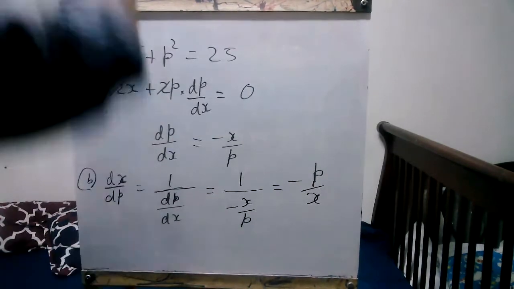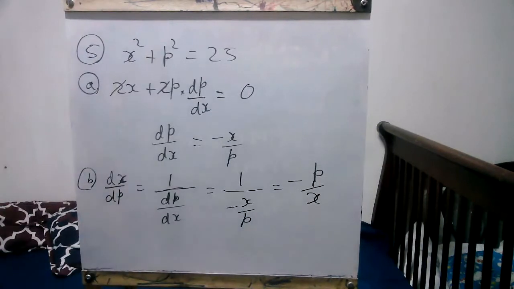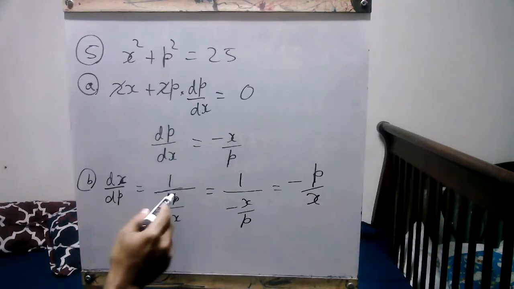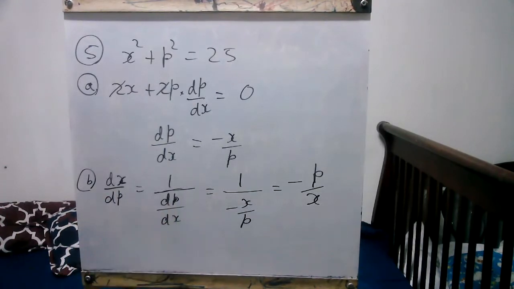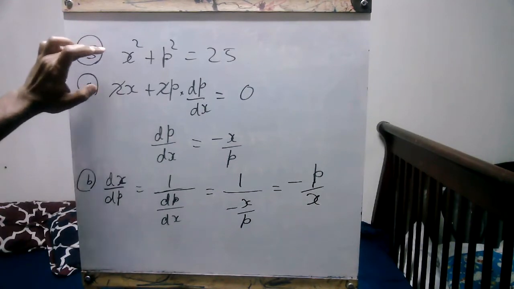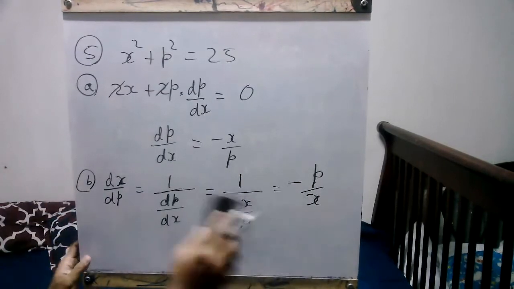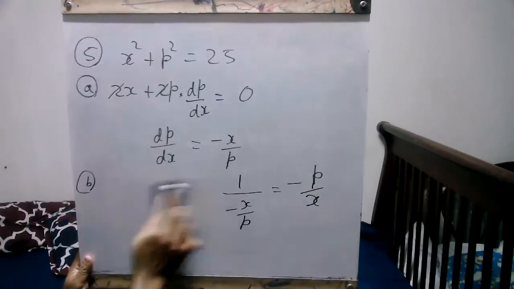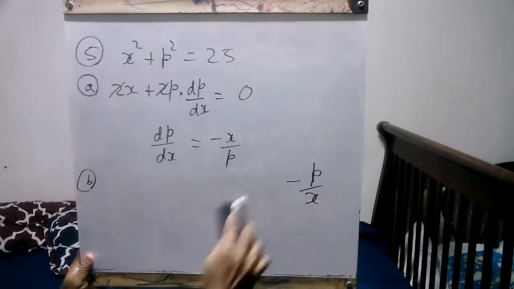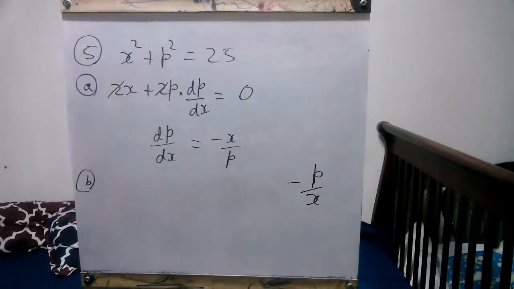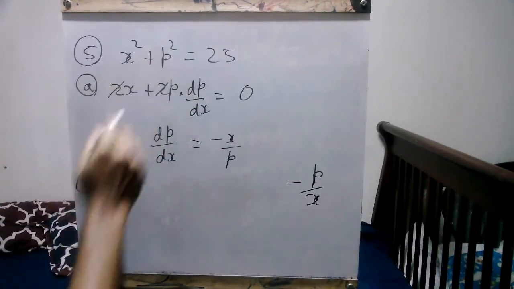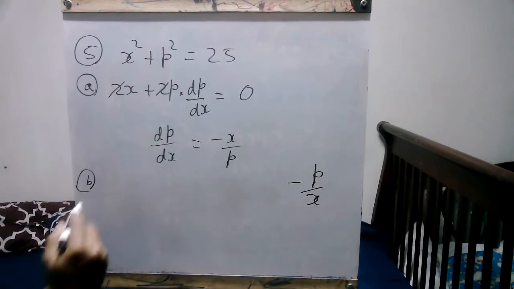Now assume we don't know that dx/dp equals 1 over dp/dx, and let's try to differentiate and get the answer. We know the answer is this, but let's see if we get the same thing by differentiating. We differentiate this with respect to p.